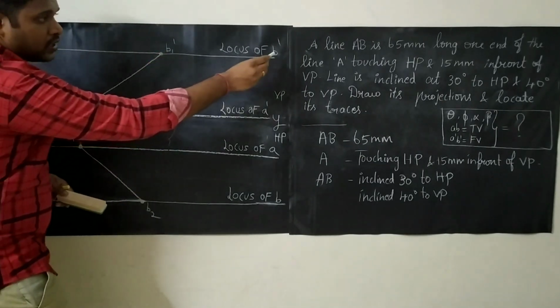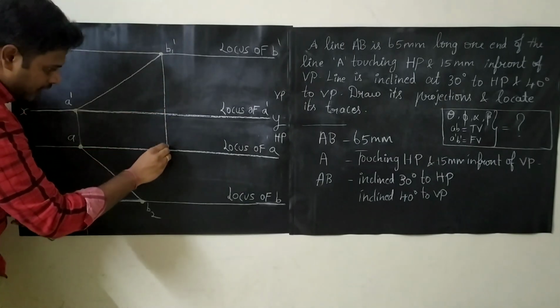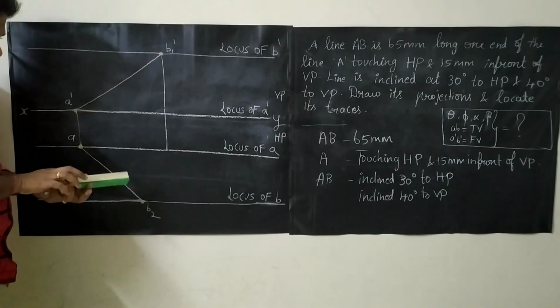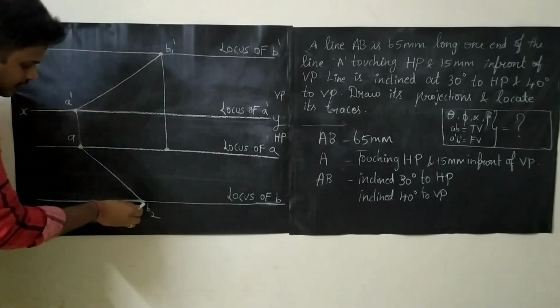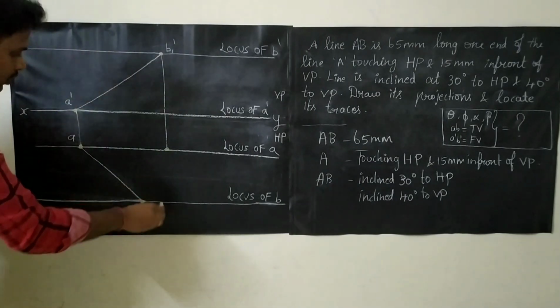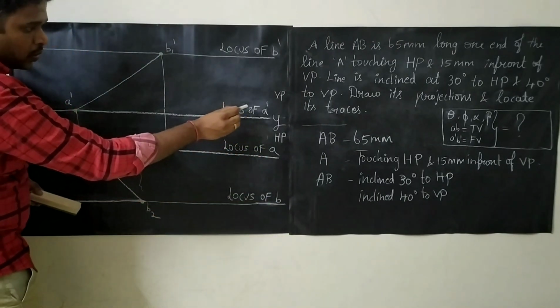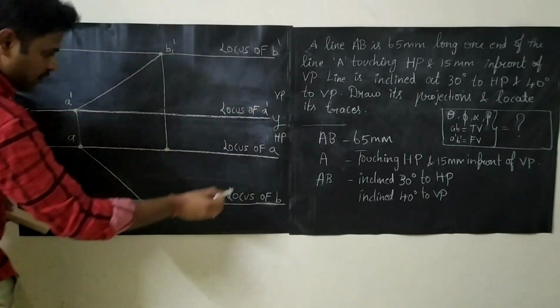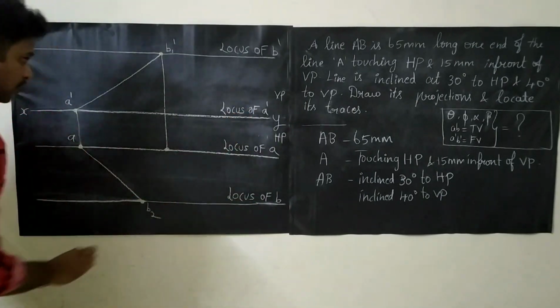If it's locus of B dash, try to extend this line to the locus of A till here, and try to extend this line. This is also true length, right? If it's locus of B, try to extend it to the opposite locus. So you will be extending this point till locus of A dash.